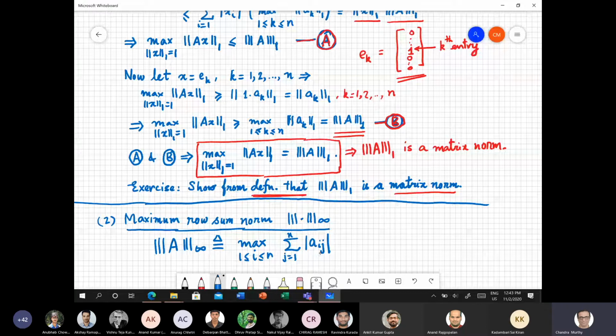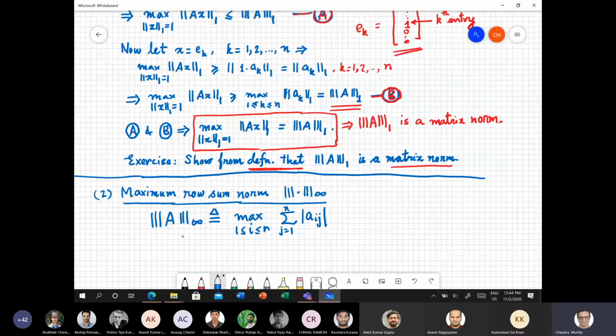You can see that this is actually equal to the maximum column sum norm of A transpose. So by that itself, you can see that this is a matrix norm, but it is also induced by the vector L infinity norm.